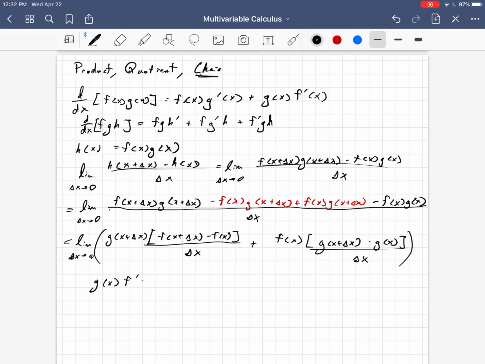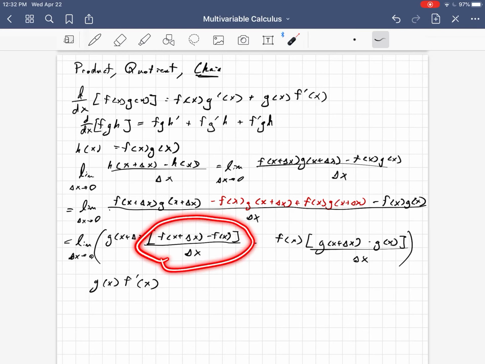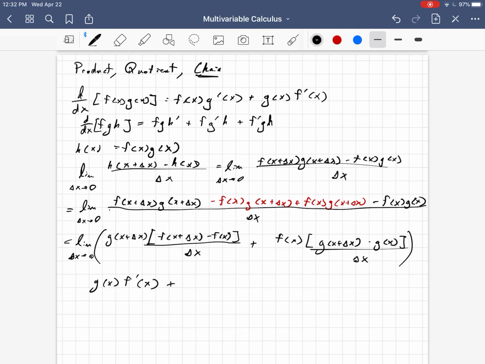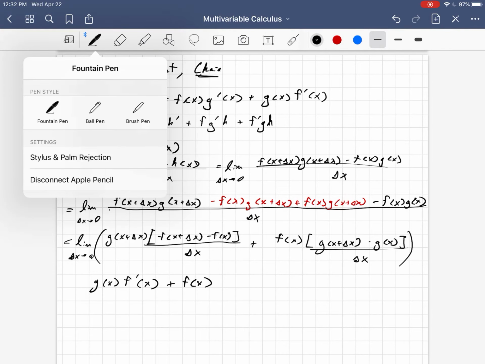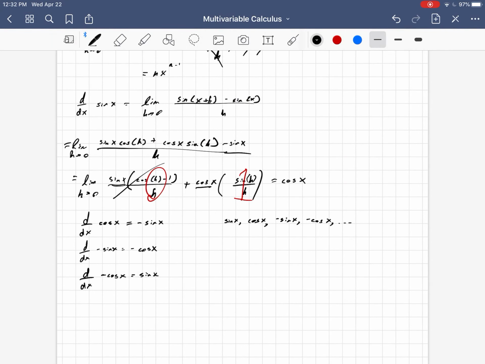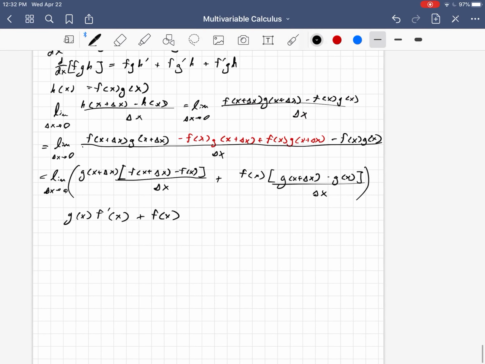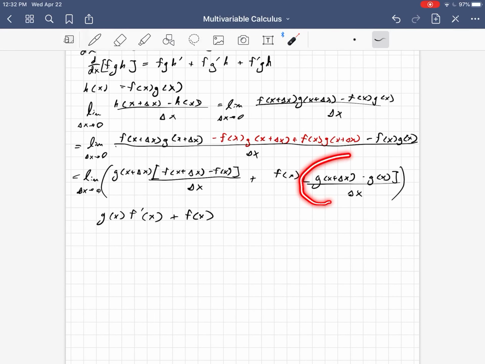And now the limit as delta x goes to 0 of f of x plus delta x minus f of x all over delta x, that's the limit definition of the derivative of f. So all of this just becomes f prime of x.